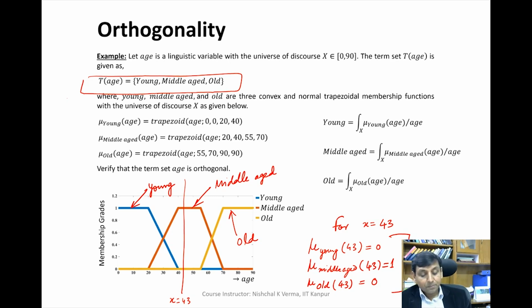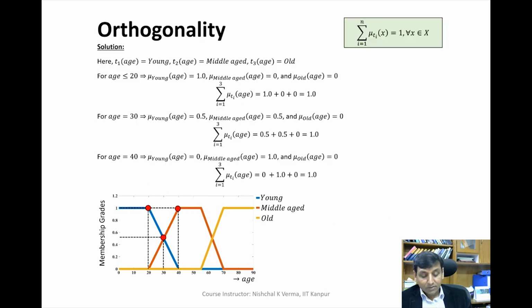Likewise, if we move this line throughout the universe of discourse, at each and every place we get the summation of all the membership values as unity.